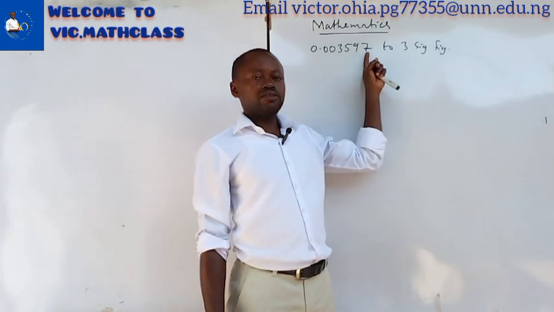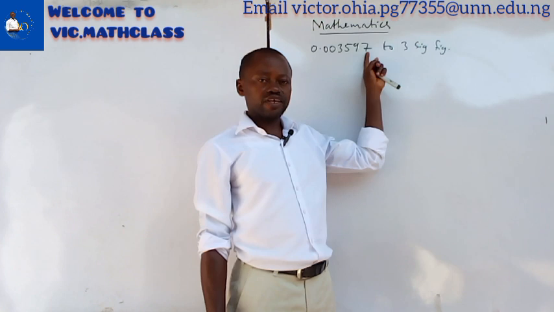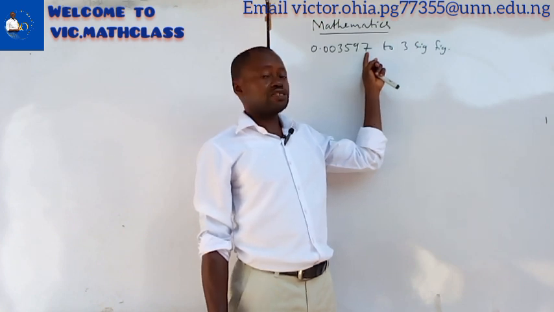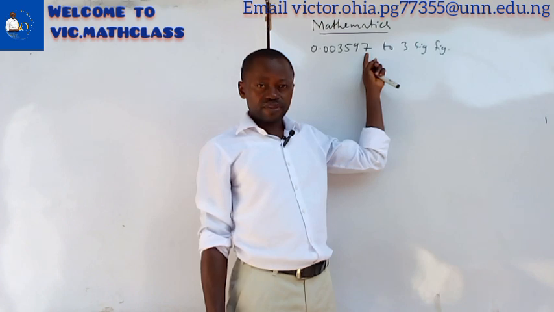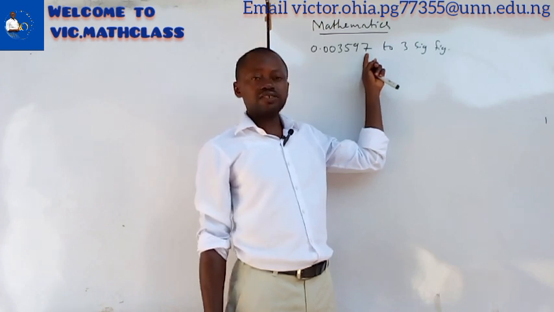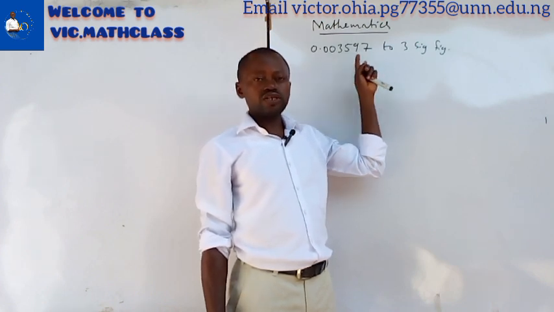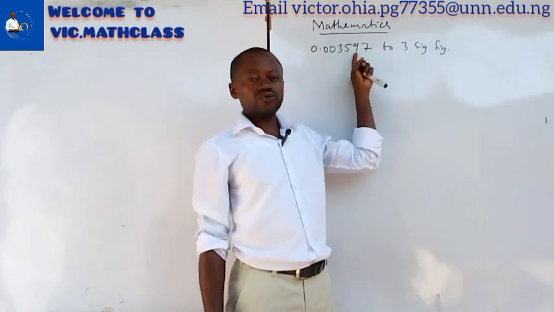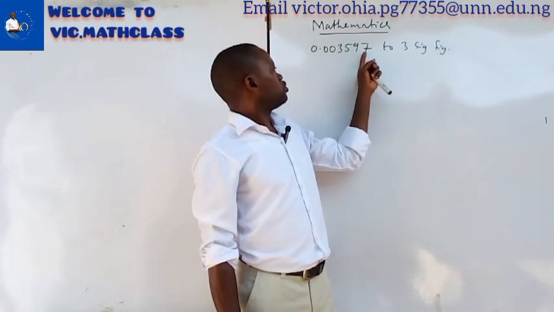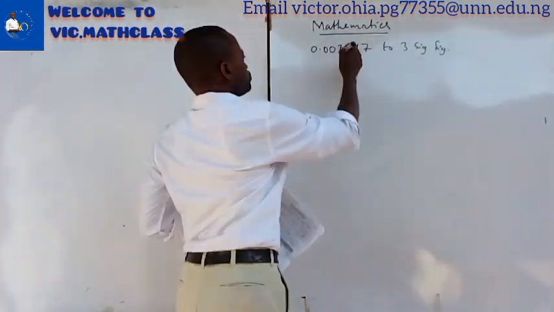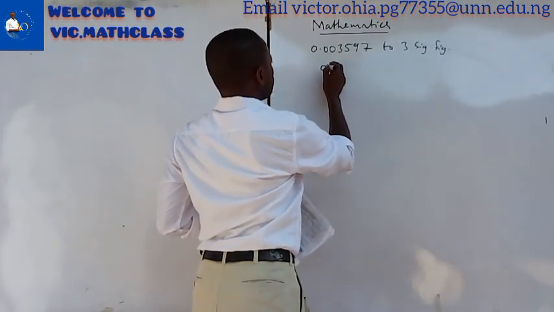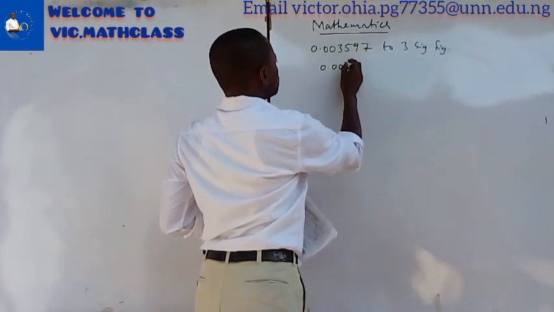Then the next thing you do is look at the next digit. You check if it is half of 10 and above. Of course, this is 7, so it is above 5. Since it is above 5, we are going to call it 1 and add it to this 9. So we are going to have 0.003.